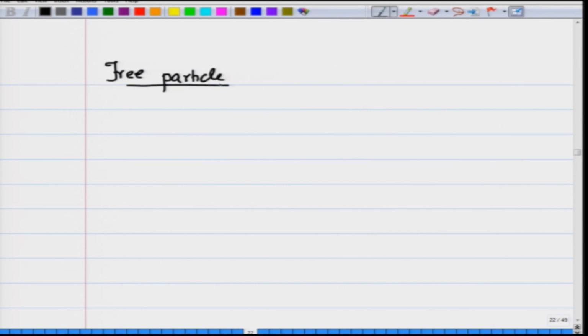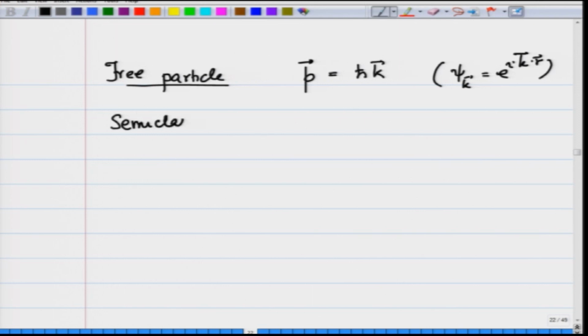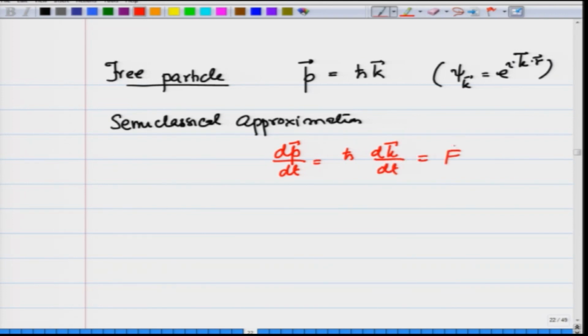For a free particle, the momentum P was given as h cross k, where k arises from the wave function e raised to i k dot r, and in the semi-classical approximation, and I will explain in a minute why I am calling it semi-classical, I had dp/dt equal to h cross dk/dt equals F applied.